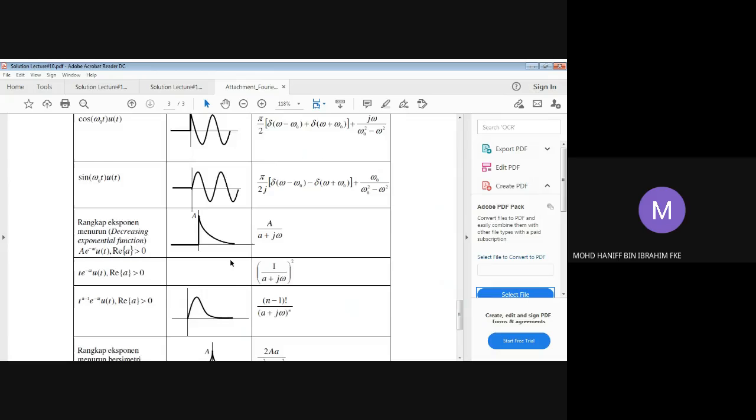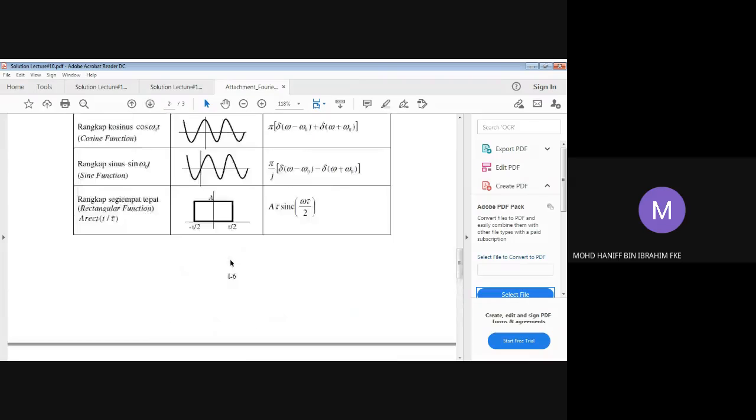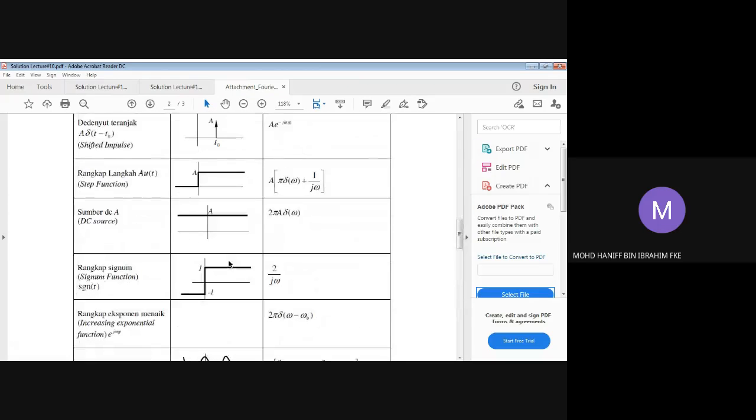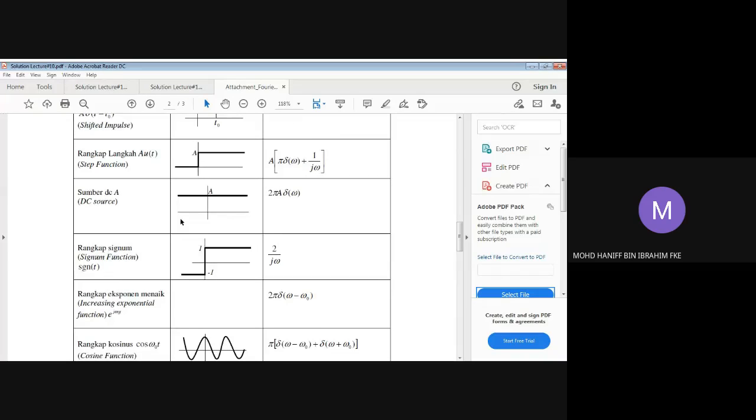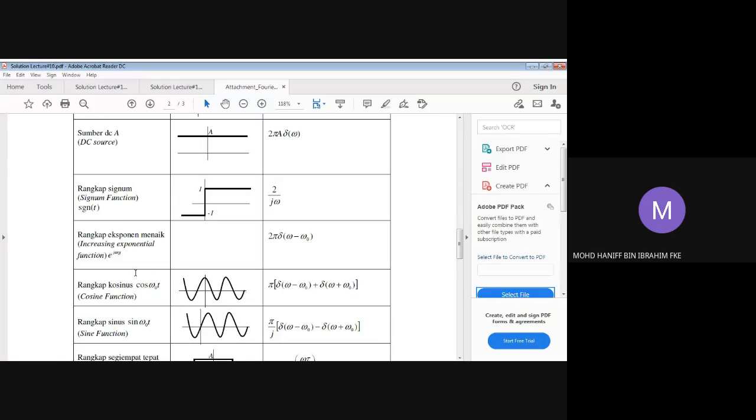We note that we have signals of exponential e^(j omega naught t), on page 2. When we have exponential terms of e^(j omega naught t), the Fourier transform is 2 pi delta(omega minus omega naught). So we're going to use this transformation of the exponential complex term.